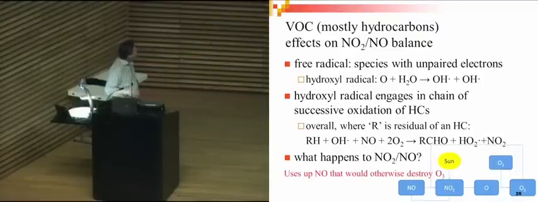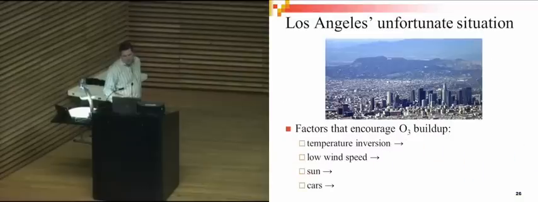So what happens is we wind up essentially using up the NO that would typically be used to degrade the ozone. We're going to form more NO2, which will thereby form more ozone. So this is a kind of a positive feedback mechanism where we generate more ozone than is destroyed.